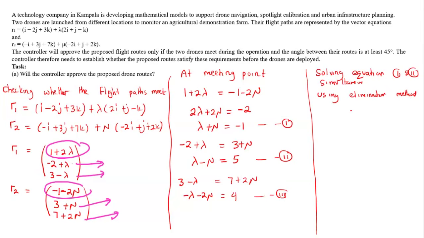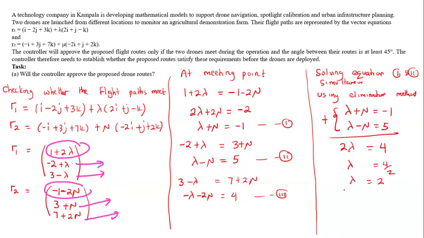So I'll say lambda plus mu is equal to -1, lambda minus mu is equal to 5. So what am I going to do? Since the coefficients are the same and the signs are different, I can first add. So when I'm adding, I say lambda plus lambda, which is 2 lambda, and -1 plus 5, that is 4. Meaning that here my lambda is going to be 4 over 2, and lambda will equal 2.